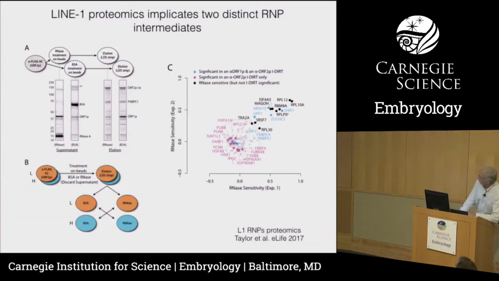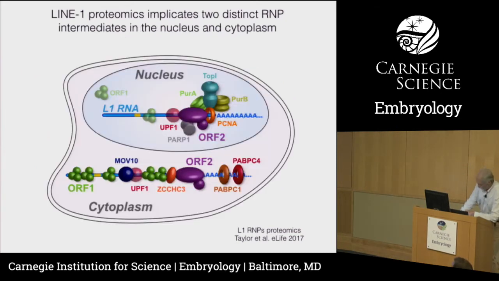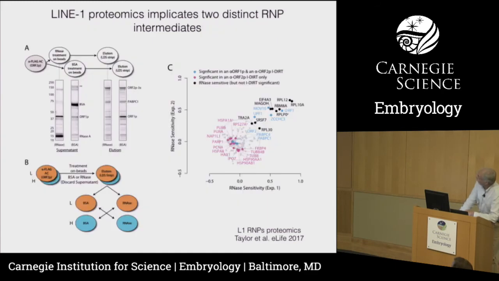And in this second paper by Taylor et al., what we showed was that we could look, for example, at a pull down and then treat the pull down with RNase, or do a second treatment with anti-ORF1 to remove any ORF1.